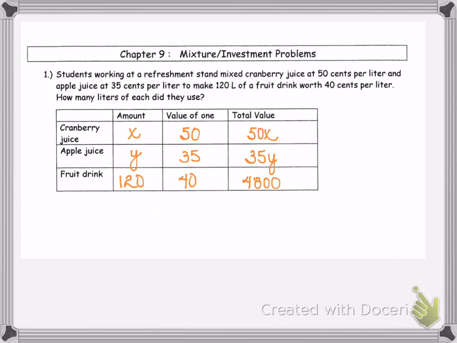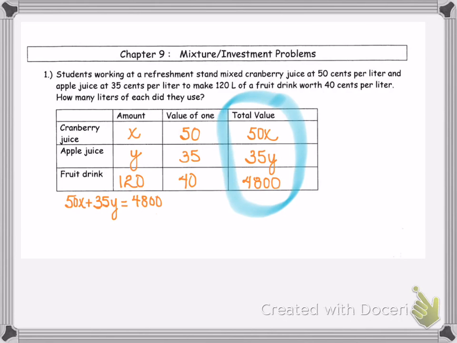Now what you want to do is think about what two equations you can combine out of this table to get your system. And the first one, just like in the last unit, is going to come from this last column, where we are going to add 50x to the 35y and set it equal to the 4,800.